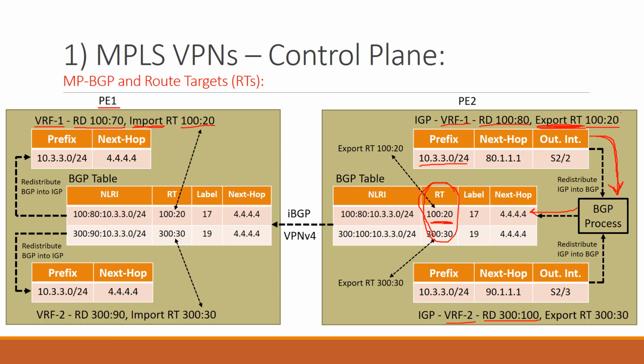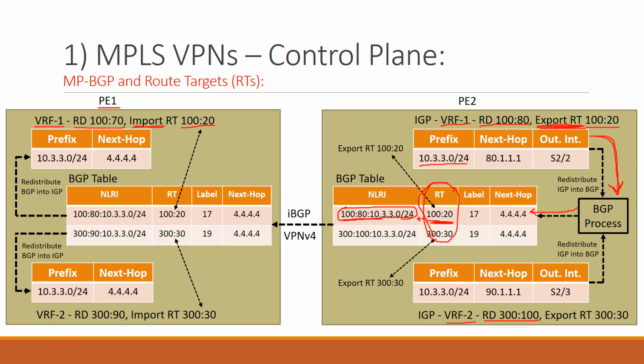This is how multiprotocol BGP works. It adds the new NLRI to make the prefix unique and attach the export route target to this learned prefix.